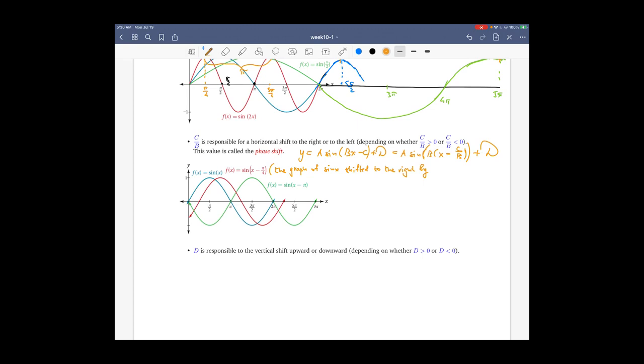And likewise, the green curve, sine of x minus pi, is also the graph of the standard sine x shifted to the right by pi.